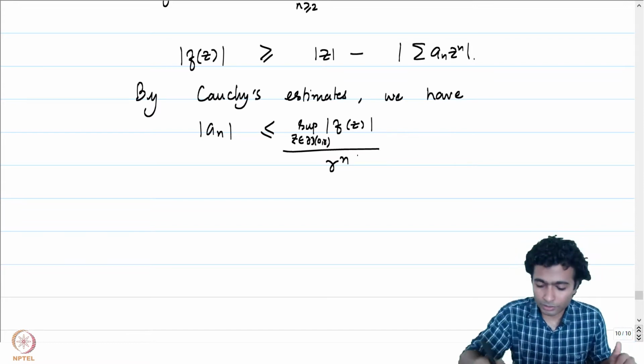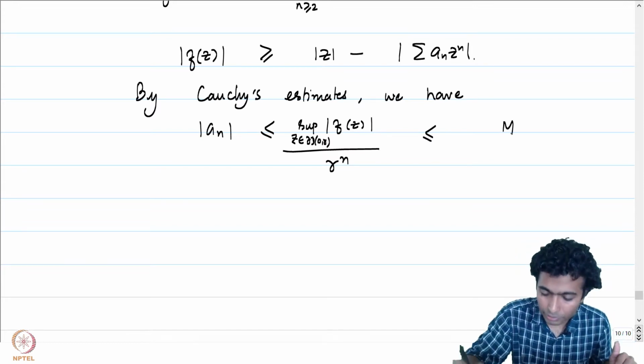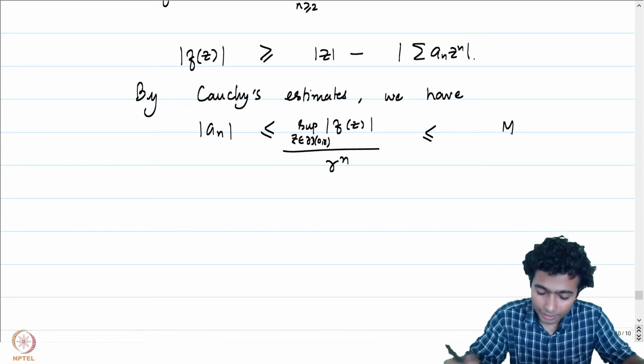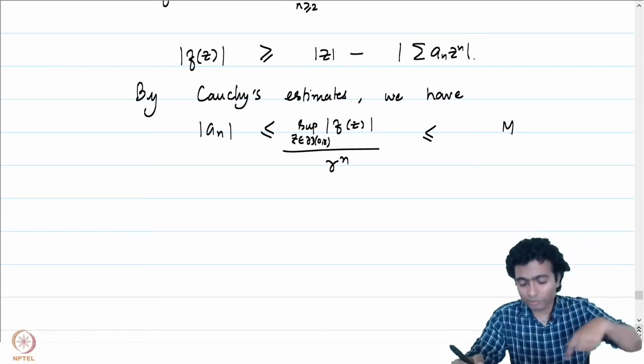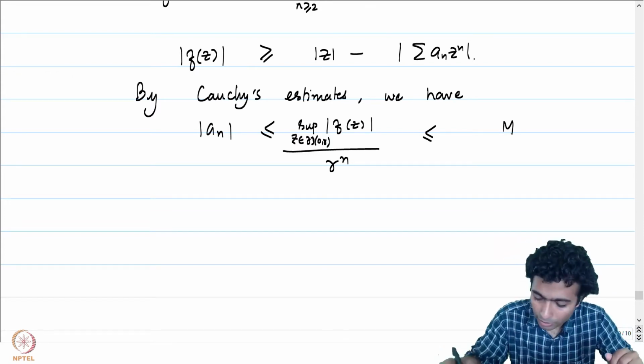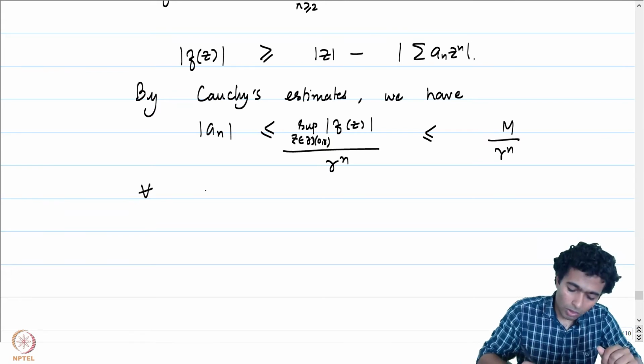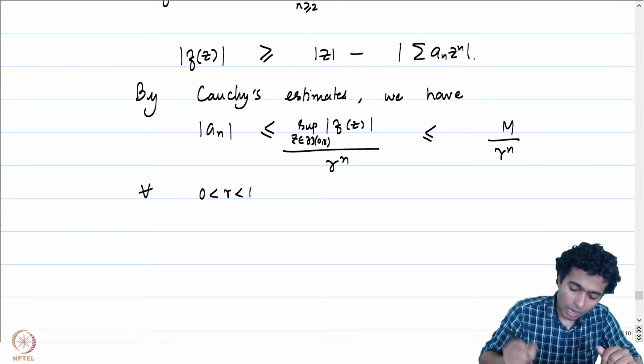And this we know is bounded by M, because the absolute value of f of z is less than or equal to M for all z in D, in particular on the circle of radius r. And this is true for all r less than 1.